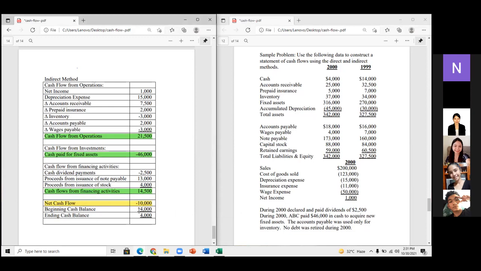Tapos i-add natin yung beginning balance na 14,000. Ito yon. Tulad ng sinabi ko kanina, masasabi mong tama yung ginawa mo sa cash flow kapag nag-match yung amount ng cash mo dito sa ending cash balance mo.